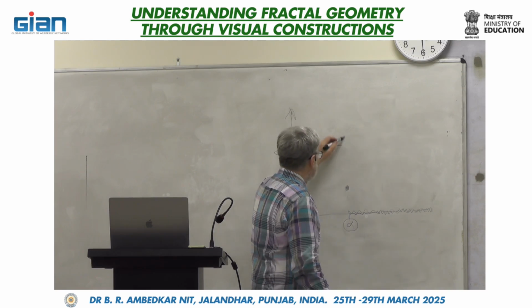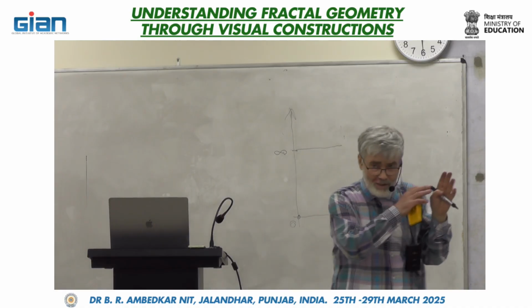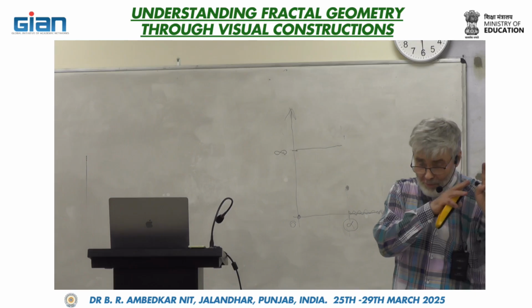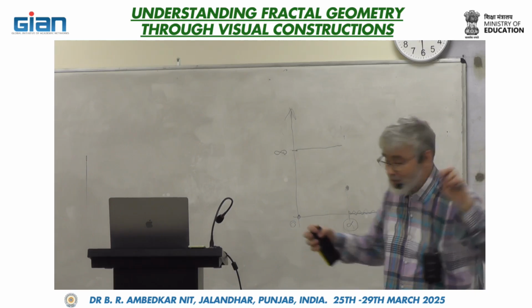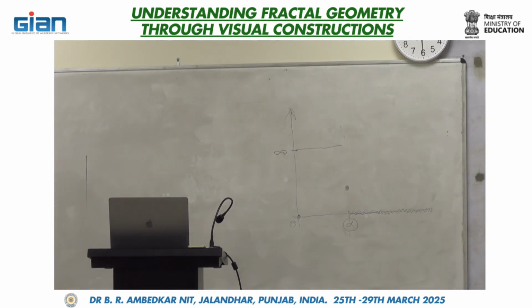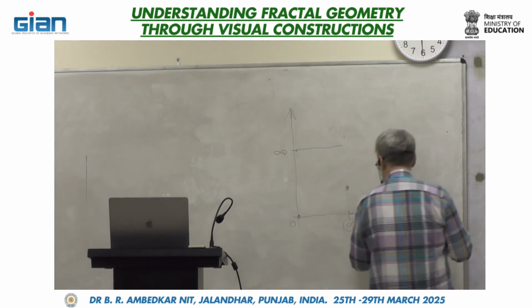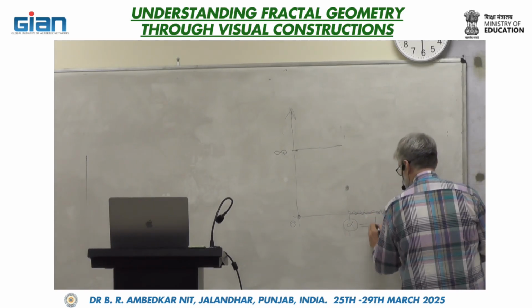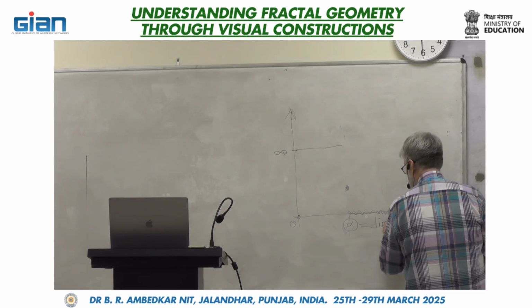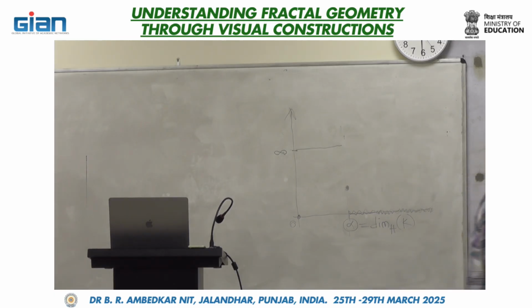And there is only one value which is on the border between infinity and 0. This alpha is called the Hausdorff dimension of the set K. This is the definition of Hausdorff dimension.